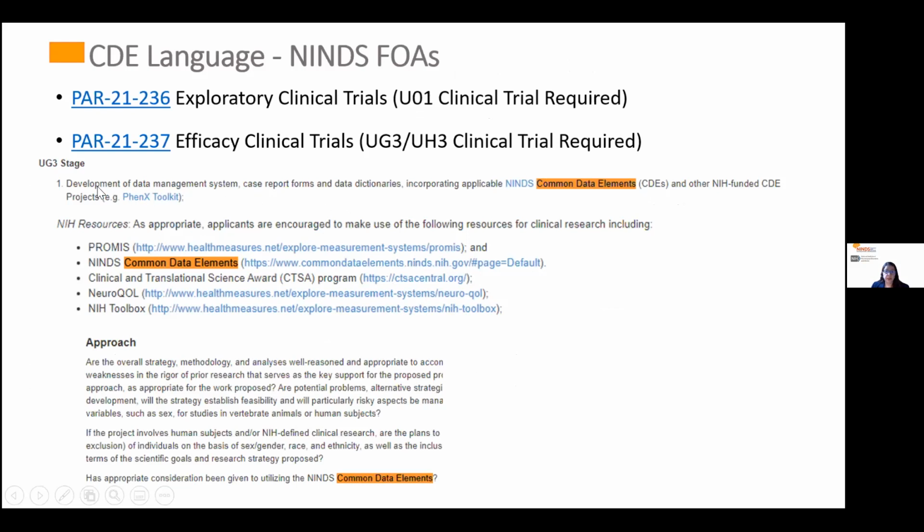So here, this is one of the SIREN announcements. We highly encourage people to use the NINDS CDEs. And then part of the review process also is the question of whether the applicant is considering using NINDS CDEs, and whether the proposal is appropriate.